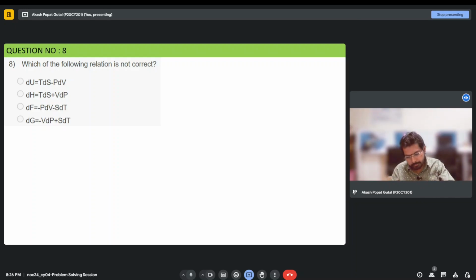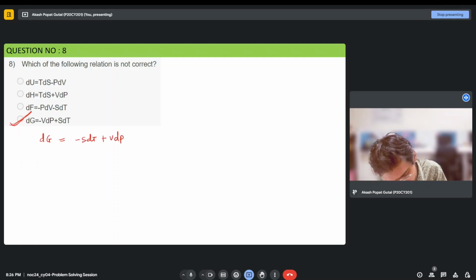So here we can see option number D is the incorrect relation, because the change in Gibbs free energy is minus S dT plus V dP. The sign change is there. This is correct and this is wrong. So the option number is 4.